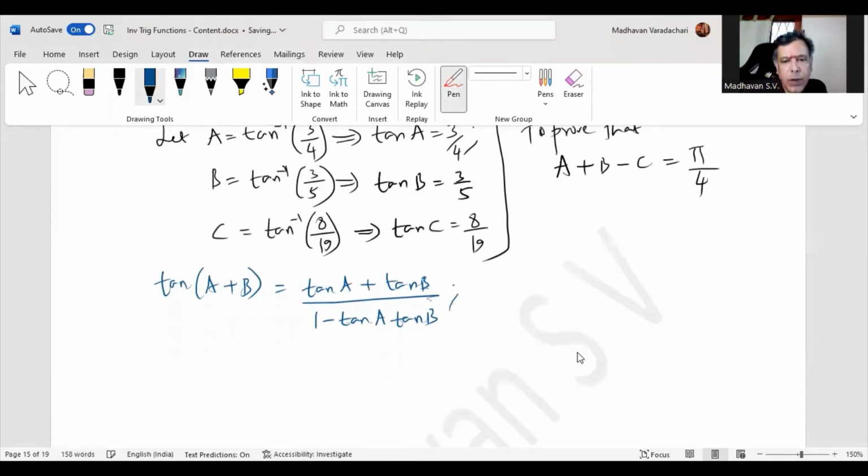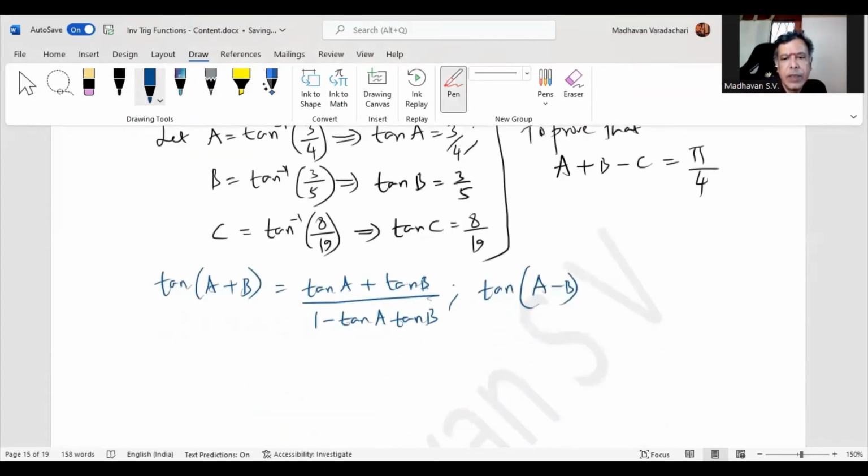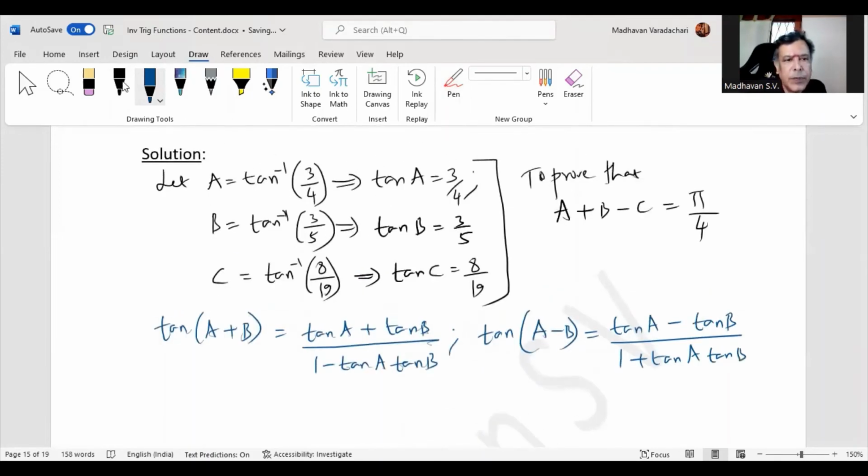The other one we are going to consider is tan of A minus B, because there is a negative also in between. For that reason, tan of A minus B will be tan A minus tan B divided by 1 plus tan A tan B. So that is what we are going to consider.